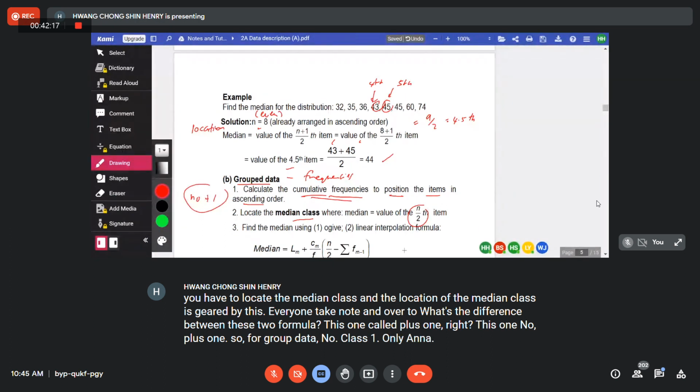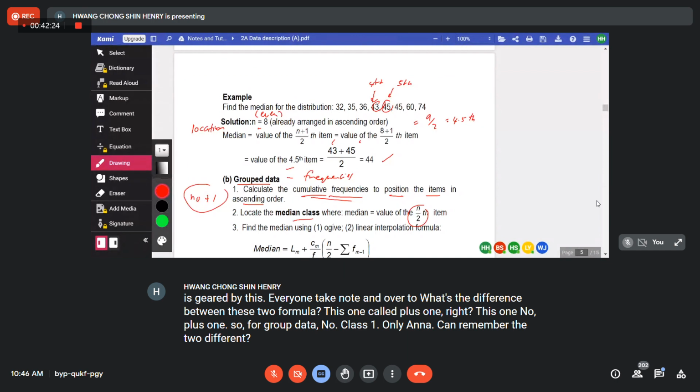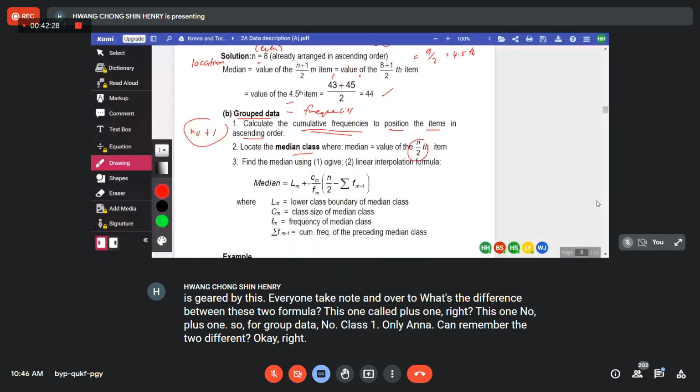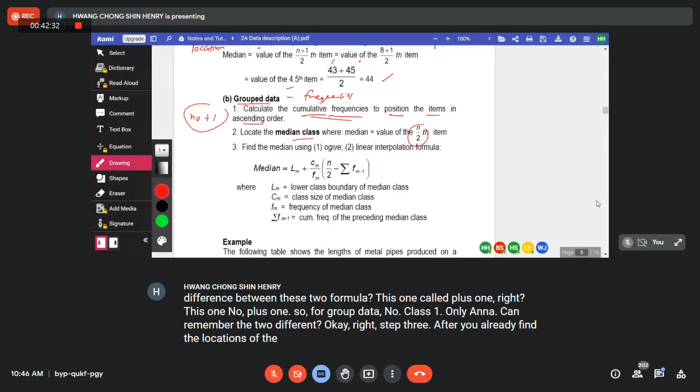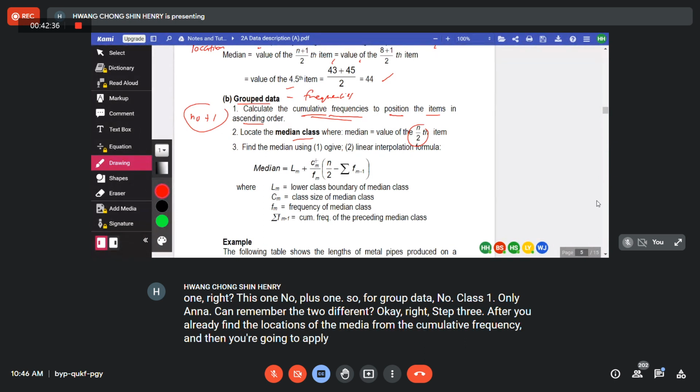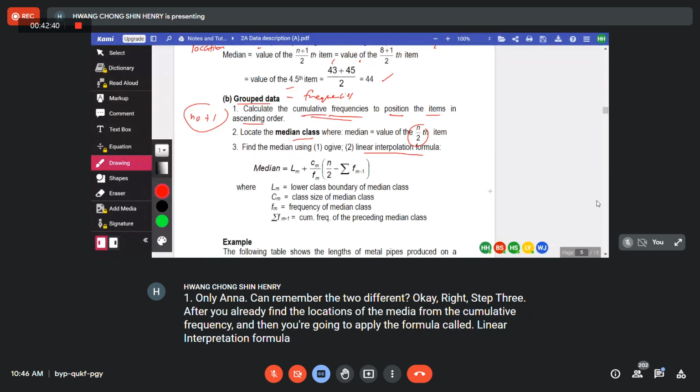Only n over 2. Can you remember the difference there? Okay, right. Step 3, after you have found the location of the median from the cumulative frequency, you're going to apply the linear interpolation formula to find the median.